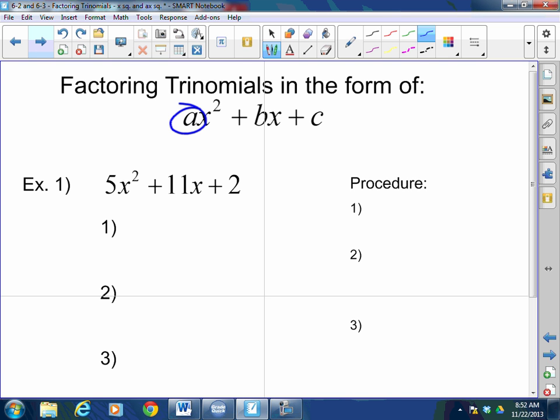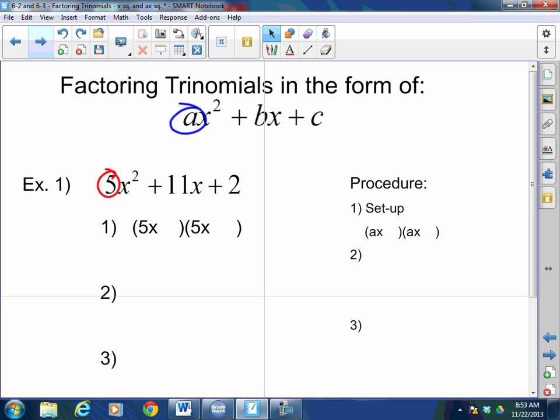The bad news, the last step is what almost everyone always forgets, and that's what kills them in the test or quiz. So, let me show you how close it is to the procedures we just learned. First step, remember how we did the x and the x? This time, the a that's in front of that x, follow it to both binomials like so. 5x, 5x.